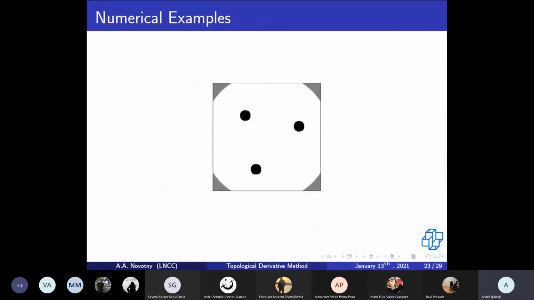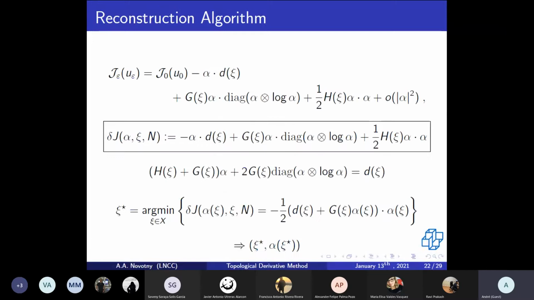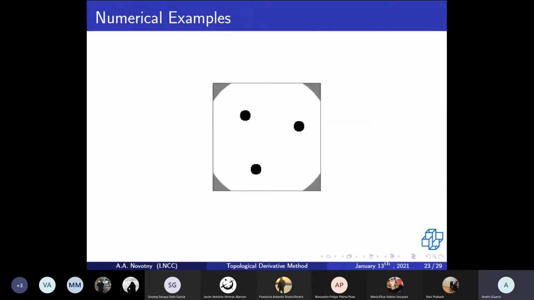This gray region is where we take measurements, the so-called omega O. So the idea is the following: we solve the problem, and then we take the solution restricted to this gray region, and from this information and using this algorithm, we will try to reconstruct these anomalies. Okay.